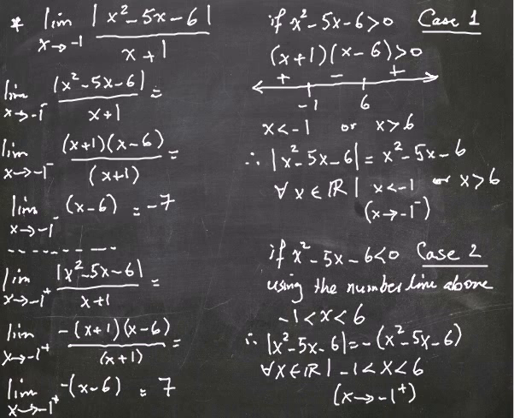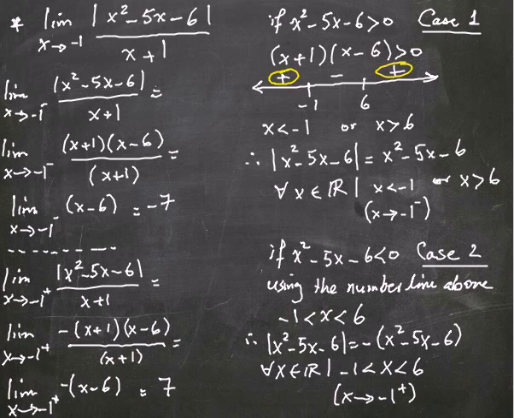This is a quadratic with a positive leading coefficient, so it's above the x-axis less than negative 1, under the x-axis between negative 1 and 6, and above the x-axis after 6. So it's positive in these two locations.